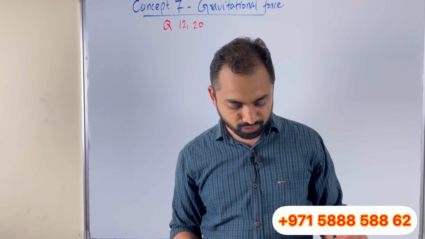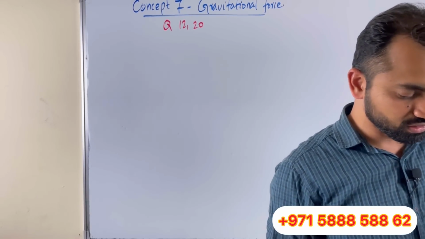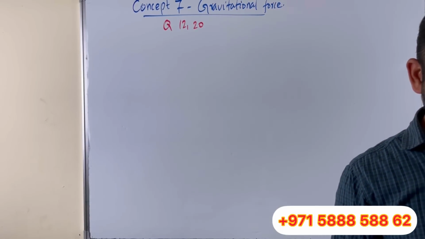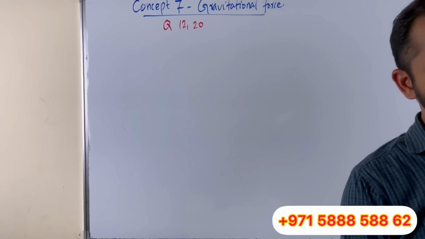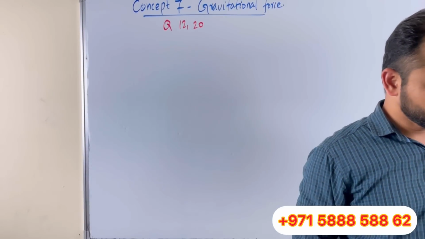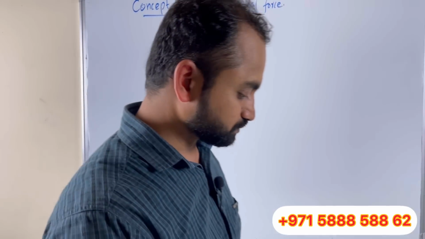And question number 20 is apply the universal law of gravitation to calculate the gravitational force. They have given question number 9 from page number 172 in the EOT. So we will discuss these two questions now.